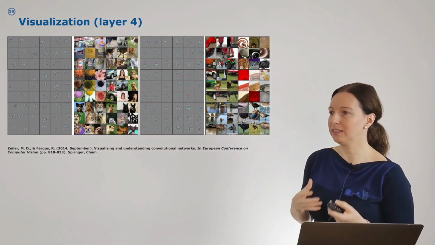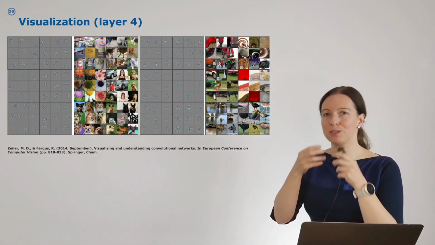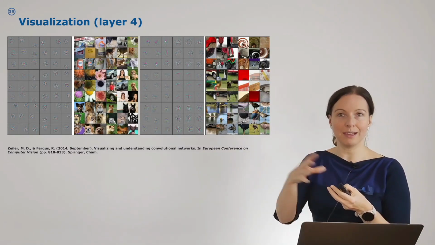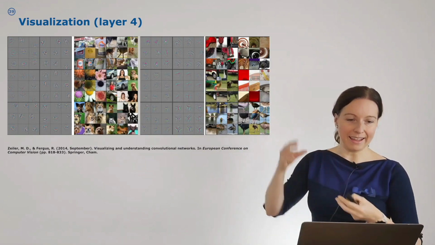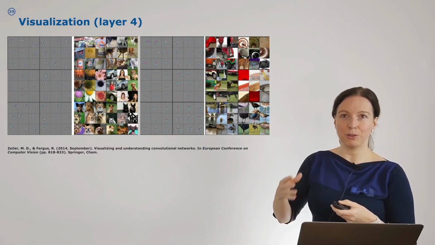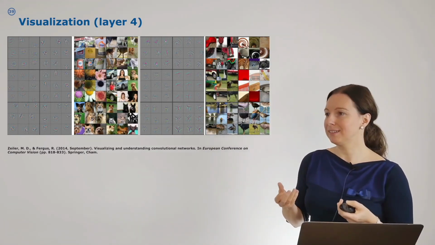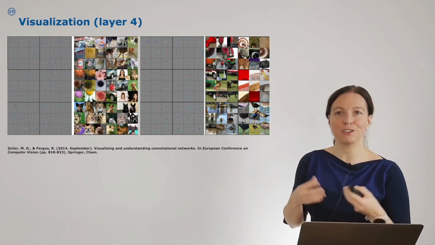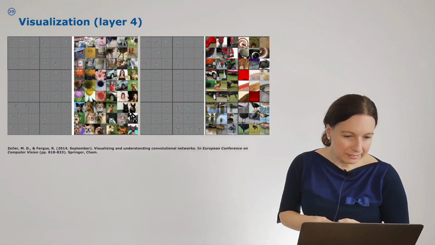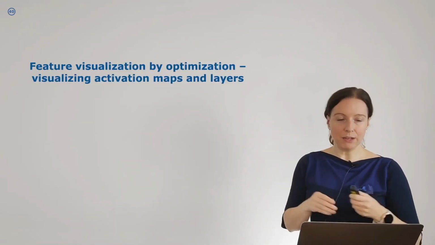Because all dog pictures of the same kind cause one activation to highly activate, and if you use the Deconvnet approach, you can see these dog features, dog patterns which were reconstructed. Yeah, so that was Deconvnet.